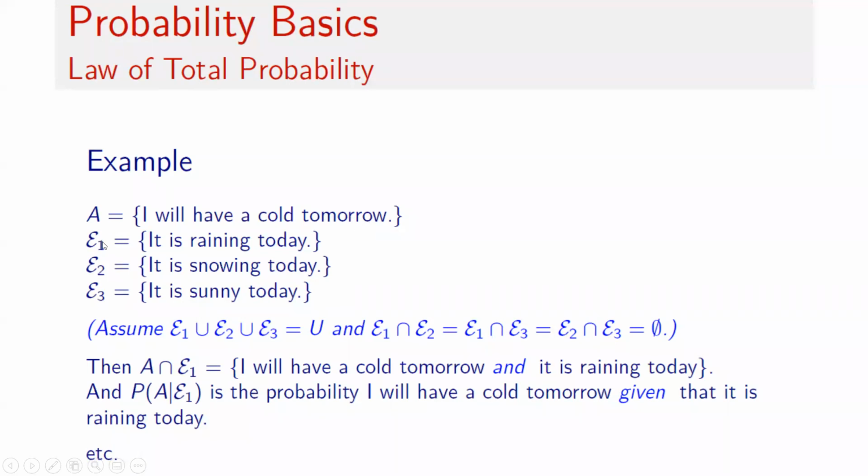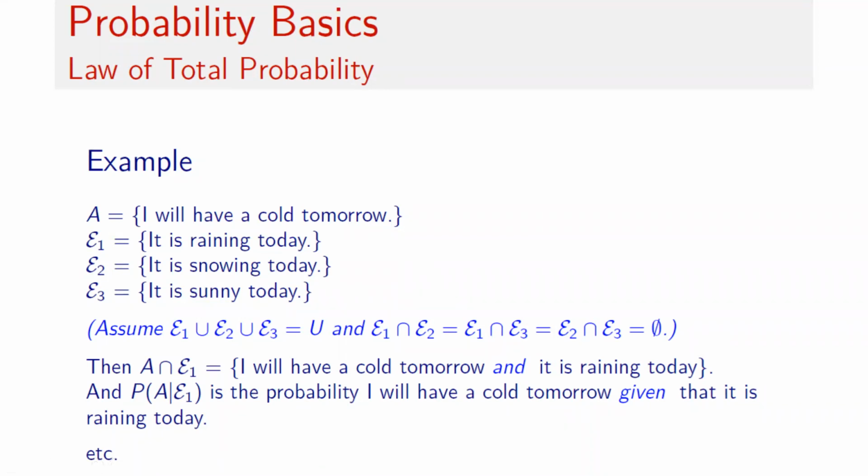Then we have epsilon 1, and this set says that, for example, it's raining today. We have the set epsilon 2, and this says that it is snowing today. Epsilon 3 says that it is sunny today.